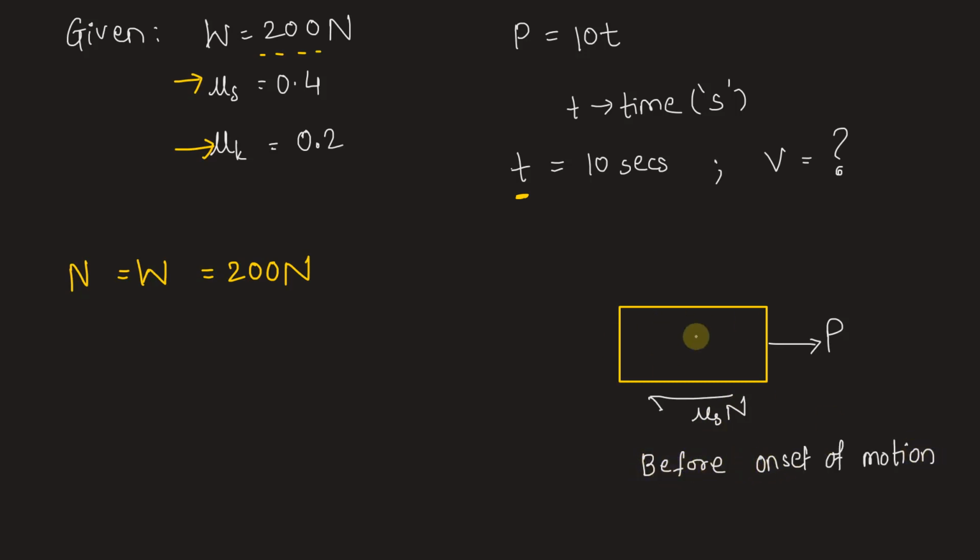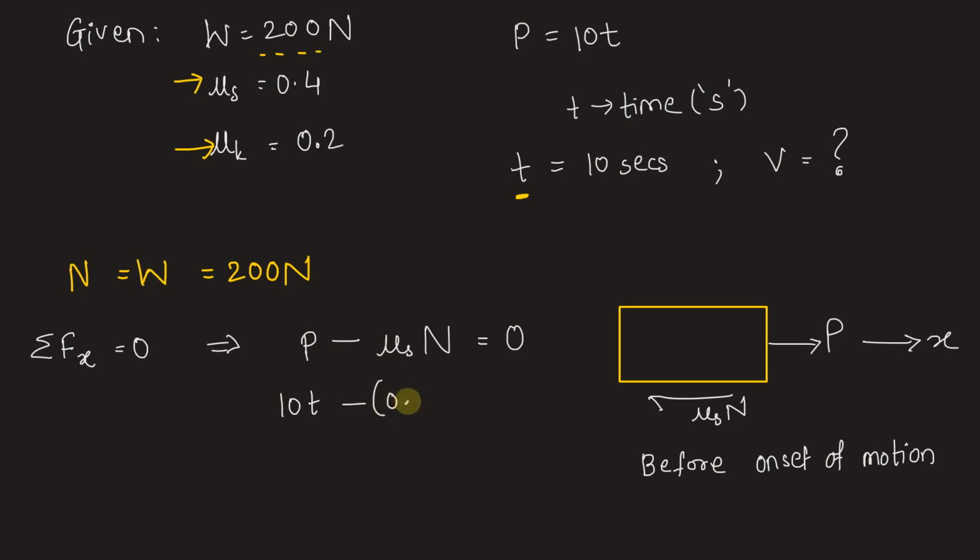Because now this block is stationary, we can use static equilibrium equation, summation Fx equal to 0. Block is going to move in x direction. So P minus mu s into N is equal to 0. P is 10 times t minus mu s is 0.4, N is 200, equal to 0.